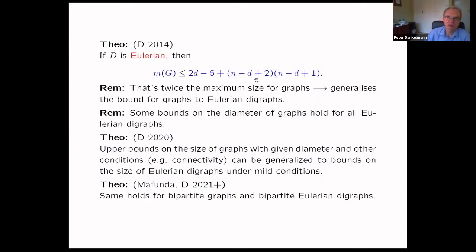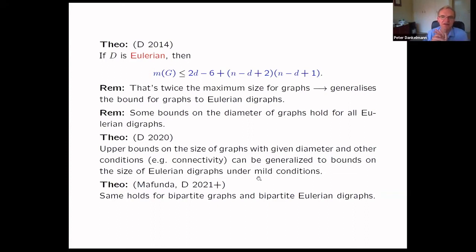That can be at most this term, and that tells me immediately that the original number of edges must be at most what Ore proved, the bound that we had a moment ago. So again, this is a nice generalization of a result on the diameter of graphs that holds for a large class of digraphs, for all Eulerian digraphs.